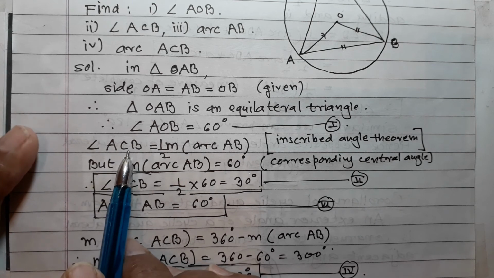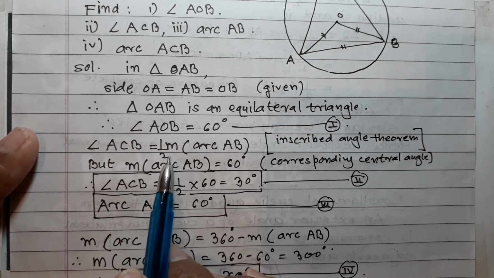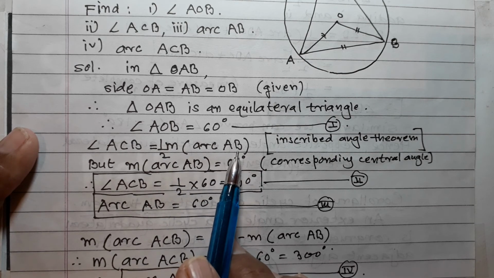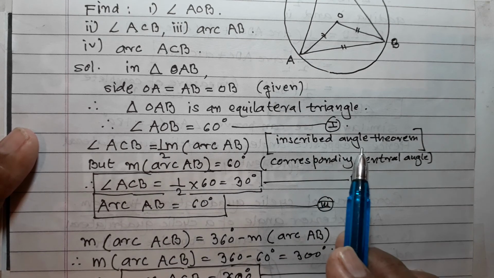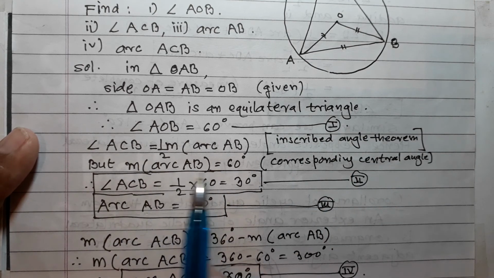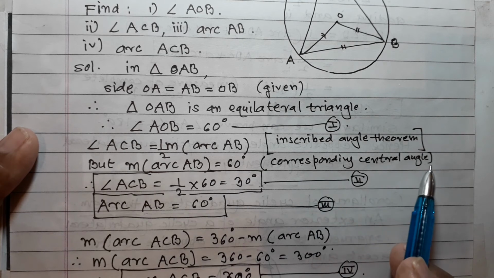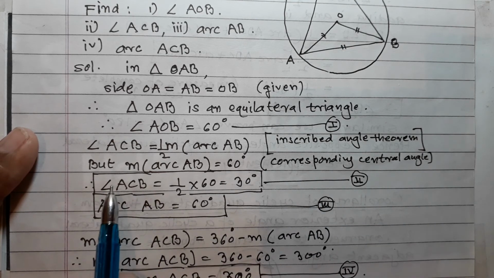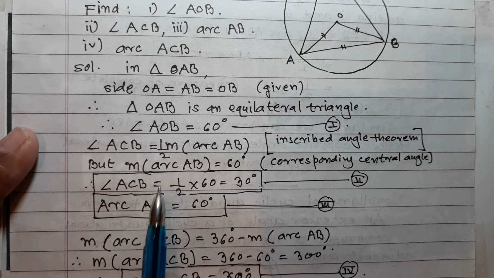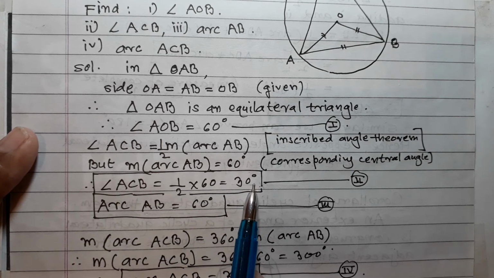Angle ACB is equal to 1 upon 2 measure arc AB, by the inscribed angle theorem, but measure arc AB is equal to 60 degrees, the corresponding central angle, and therefore angle ACB is equal to 1 upon 2 into 60, which is equal to 30 degrees.